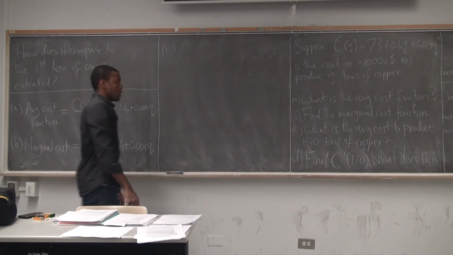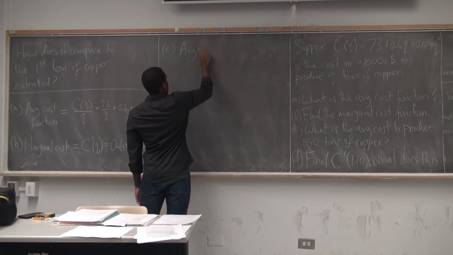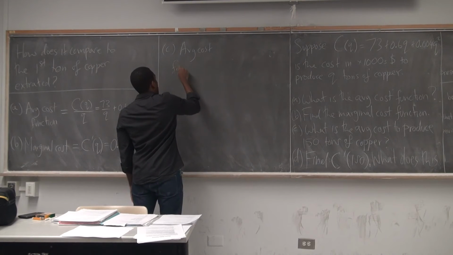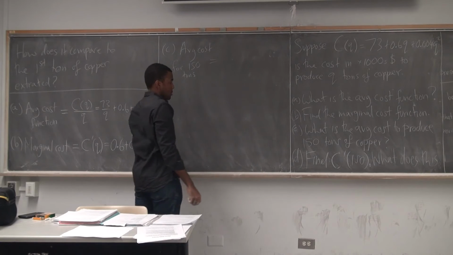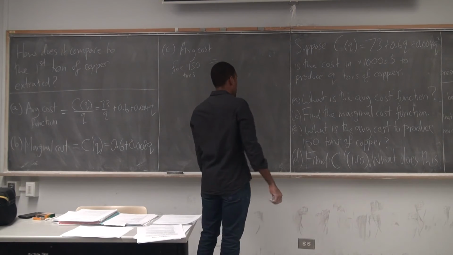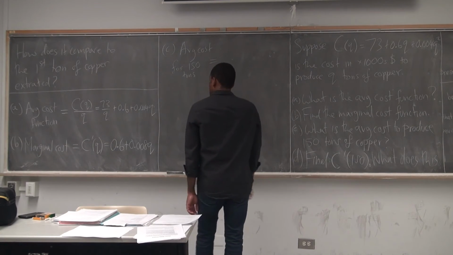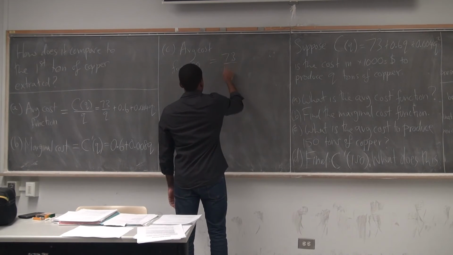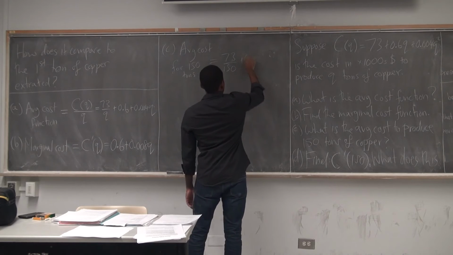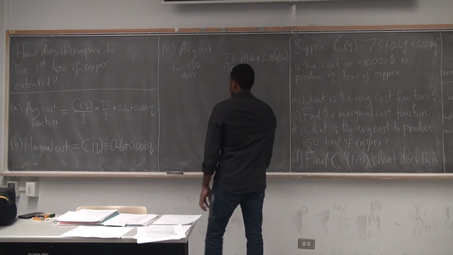C. Average cost for 150 tons. What do I do? Just plug it into that function. All right, so that says 73 divided by 150 plus 0.6 plus 0.004 times 150.